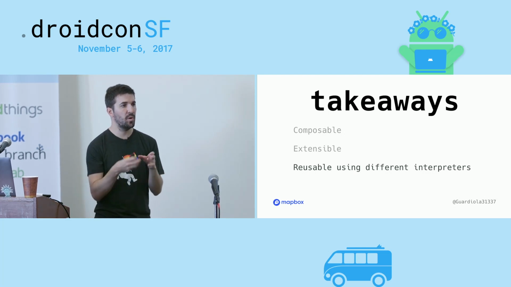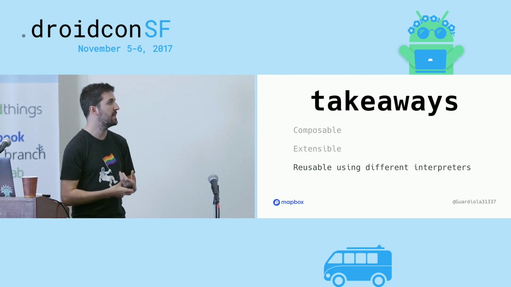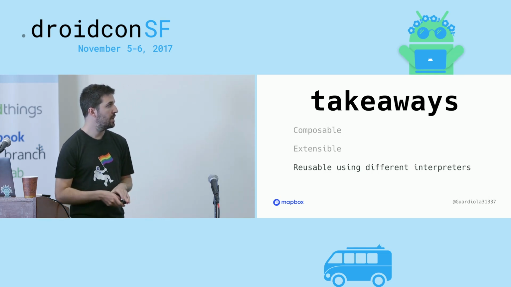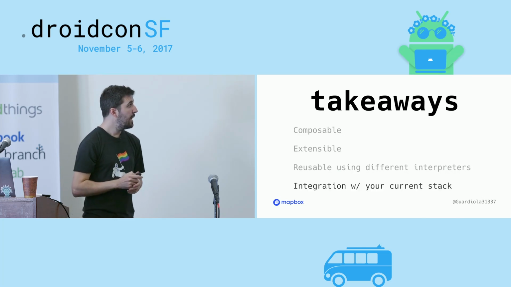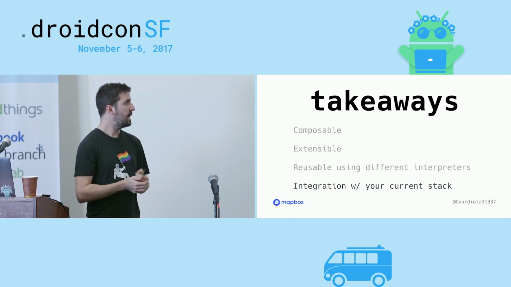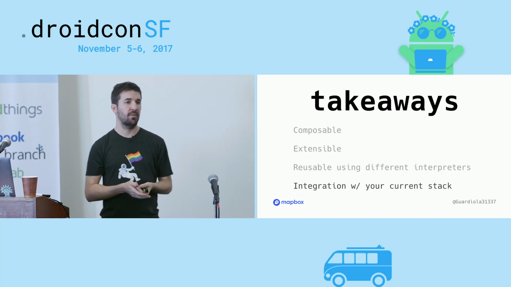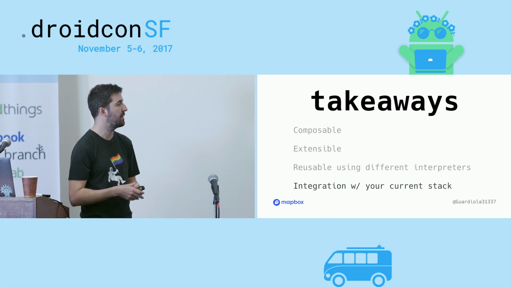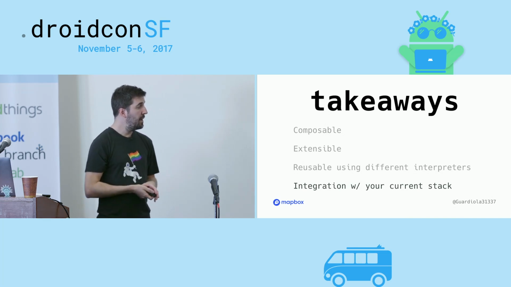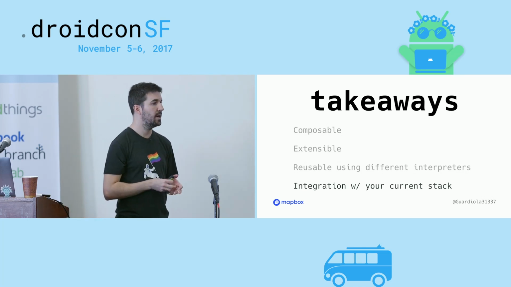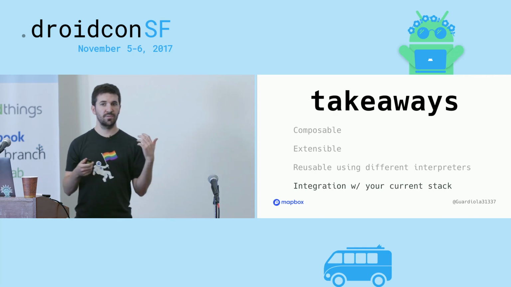If you want to offer a new implementation or a new behavior, you will do that by creating new interpreters. And also, using Arrow and this approach, you won't have any problem if you are using any other frameworks within your application. And also, because of Kotlin and the compile-time checks, this is really good.